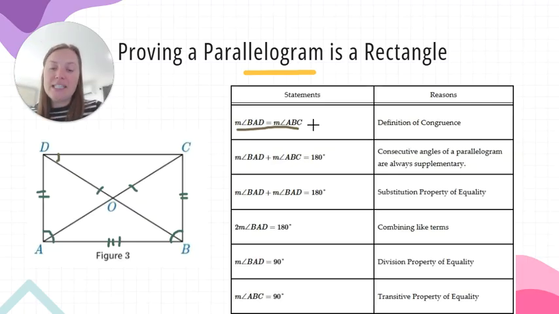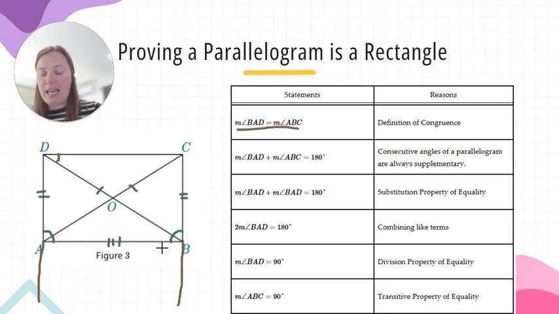So the next step is we're going to do some angle manipulation in order to show that these angles are in fact 90 degrees. Now, here, we know by definition of a parallelogram that we have these opposite sides that are parallel to each other. That means that we can actually treat side AB here like a transversal.